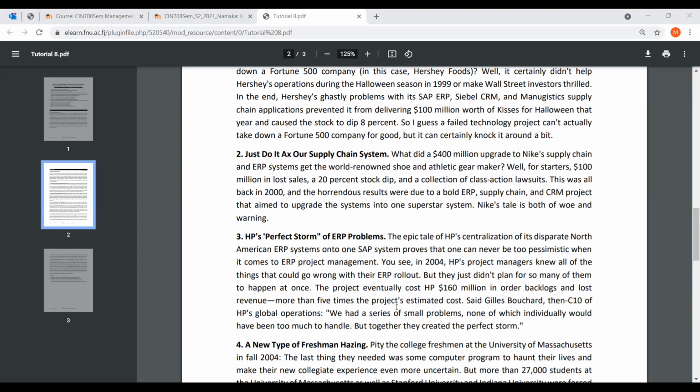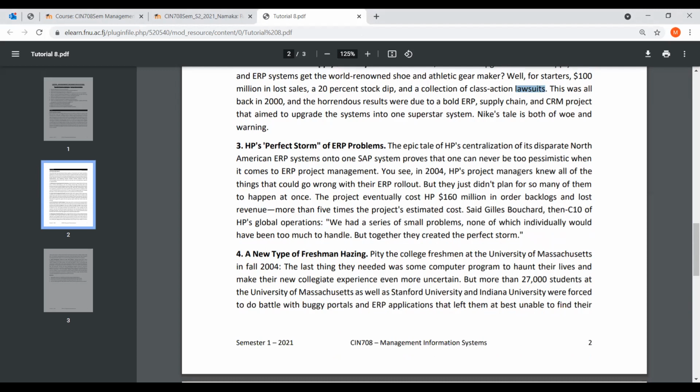So if something goes wrong and they lose sales, the stock market takes a dip, or a downfall. And together with that, it cost them lawsuits, court cases, and so forth. Okay, so something went wrong. What went wrong is not told, but something went wrong while they were trying to upgrade and integrate their ERP, supply chain management, and CRM systems.